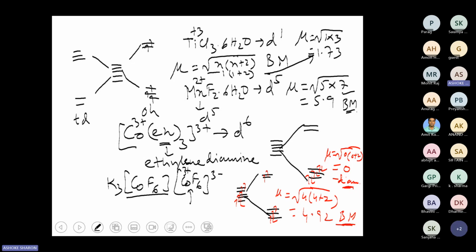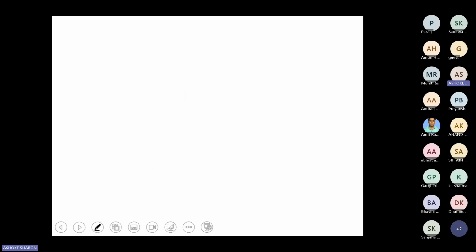Our next important feature is a special molecule. We know that in magnetism there are types: paramagnetic, diamagnetic, ferrimagnetic, ferromagnetic, and also antiferromagnetic.